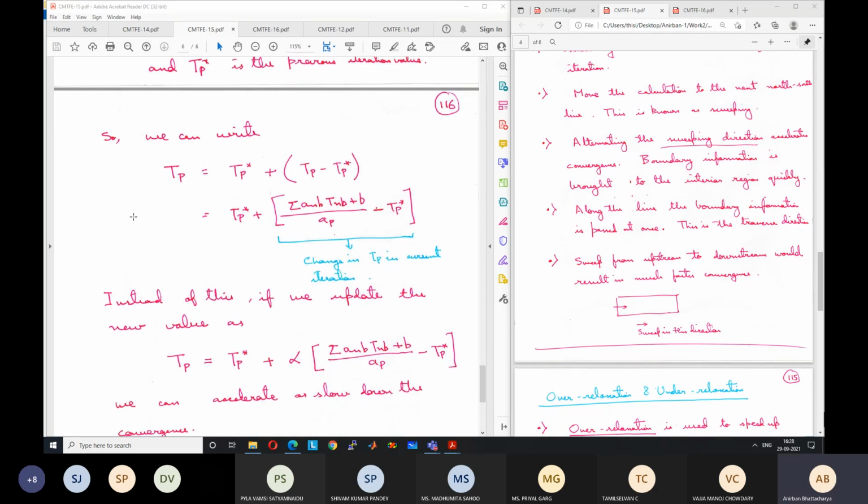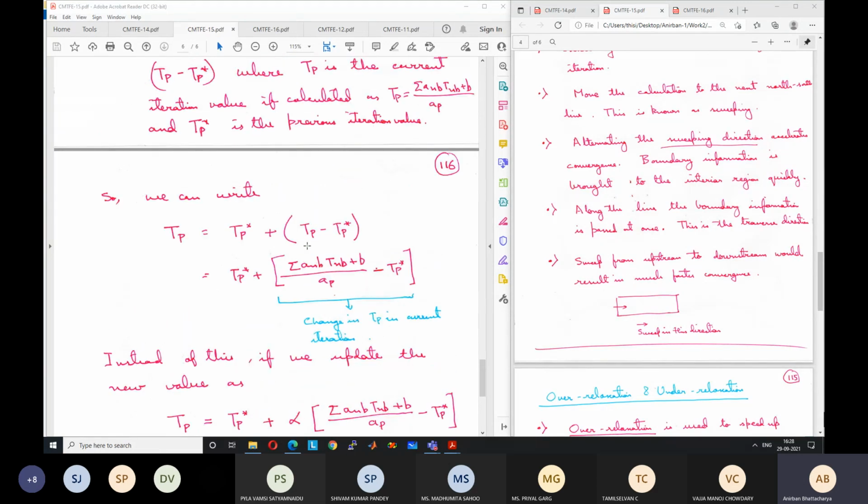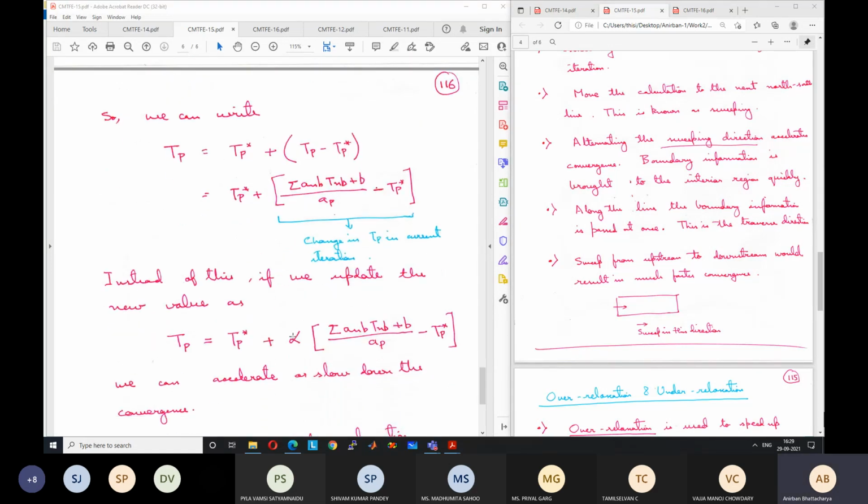For example, there is a factor alpha, and the value of alpha is 0.5. In one iteration, the change that should have occurred is summation ANB TNB plus B by AP minus TP star. But we will add only 0.5 of that change, only 50% of that change. If the actual calculation gives us, say, 3 Kelvin change in temperature, we will just add 1.5 Kelvin to the previous value, and our new value will be 301.5 Kelvin instead of 303 Kelvin.